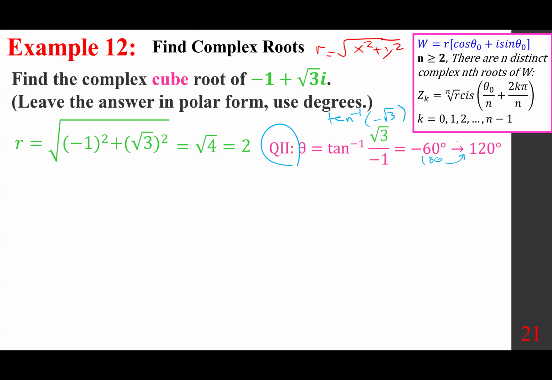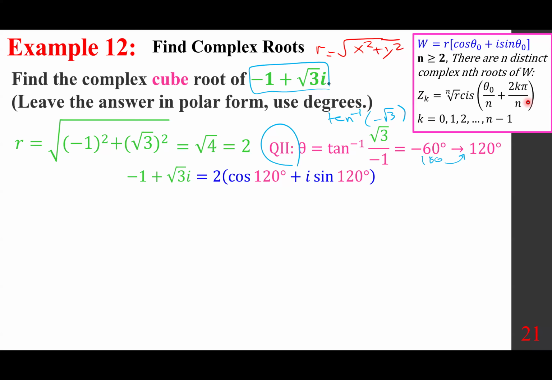Therefore, this number is r cis theta, 2 cis 120. So negative 1 plus square root of 3 i is 2 cosine of 120 plus i sine of 120. And now that it's in the polar format, we can use z sub k.